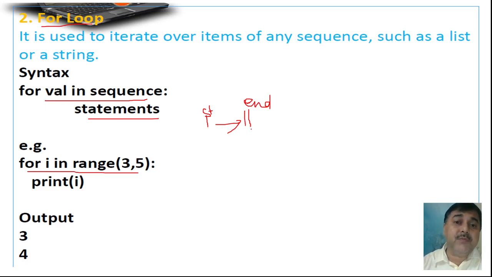That means if my ending point is 20 here, it will print up to 19.